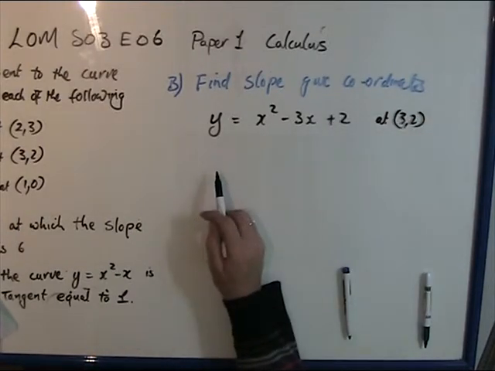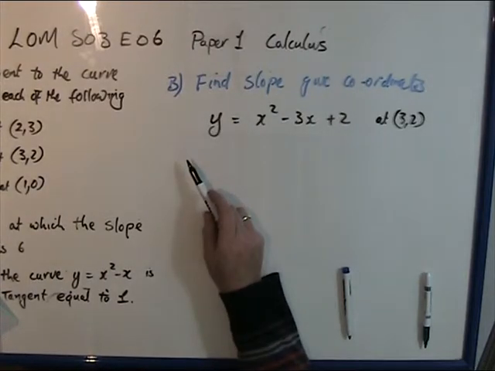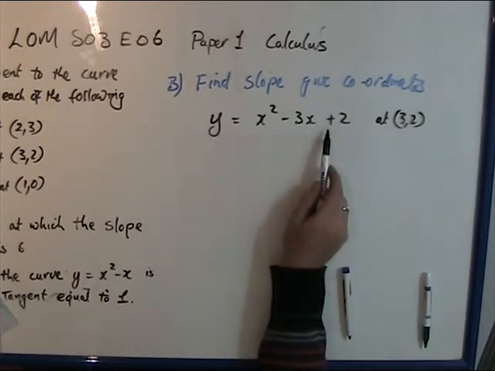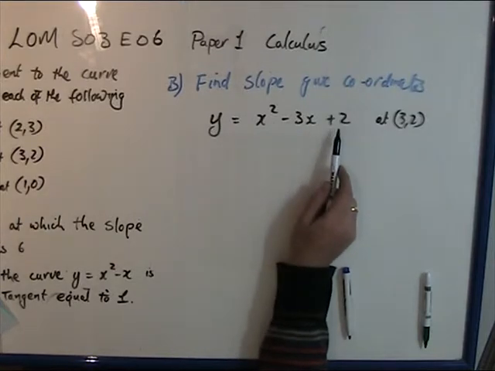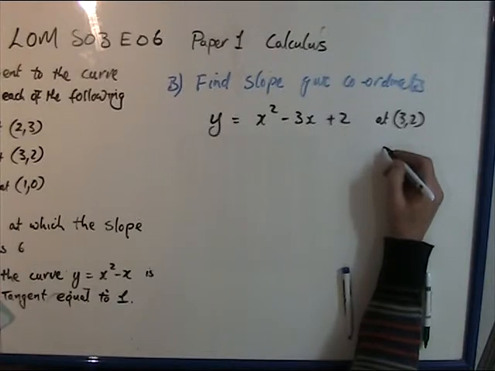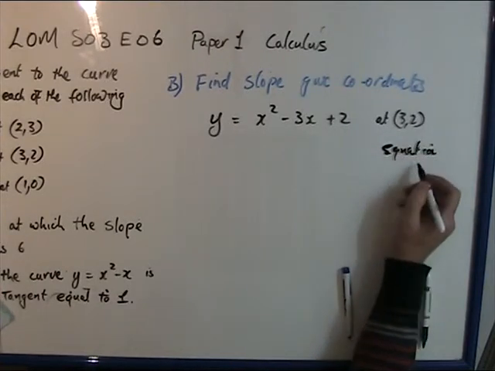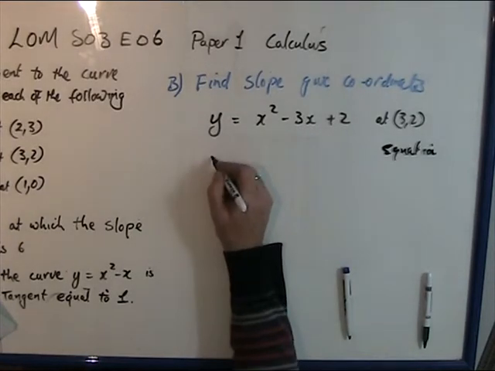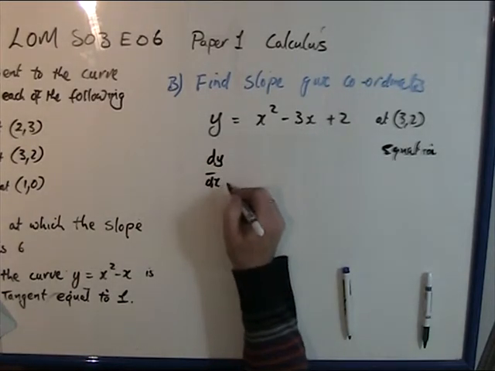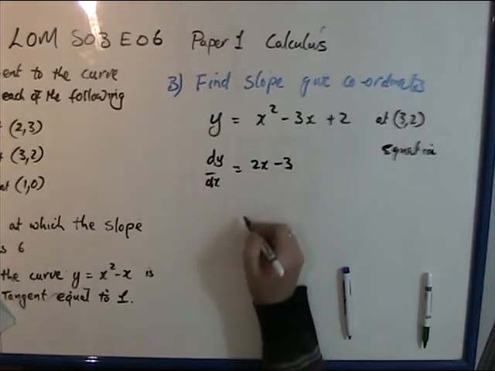So I'm going to read out this question. Find the slope of the curve y is equal to x squared minus 3x plus 2, and hence the equation of the line. We'll get to that. So dy/dx, we know that dy/dx is equal to 2x minus 3.